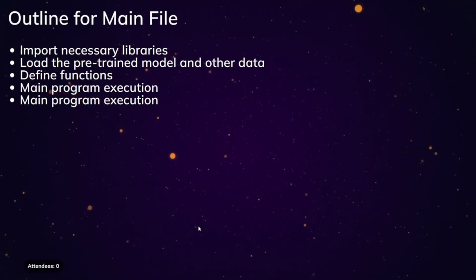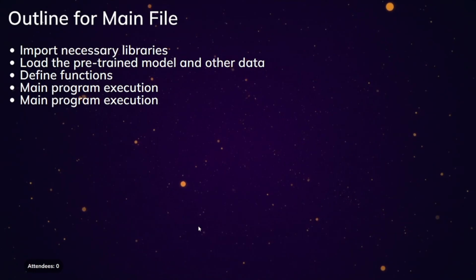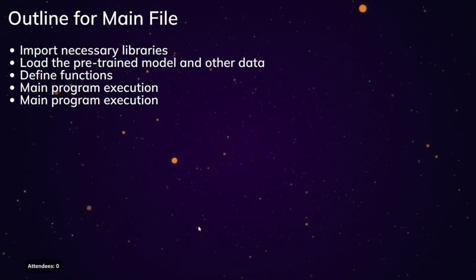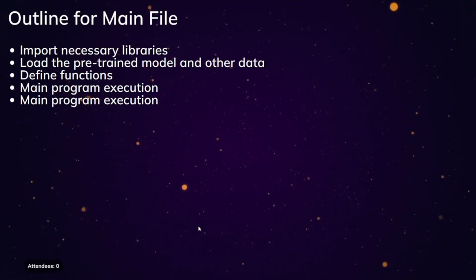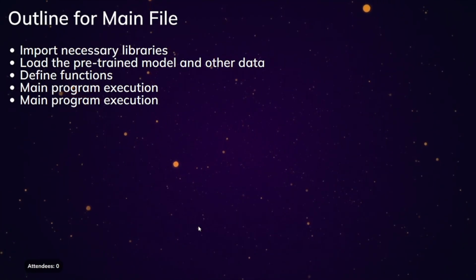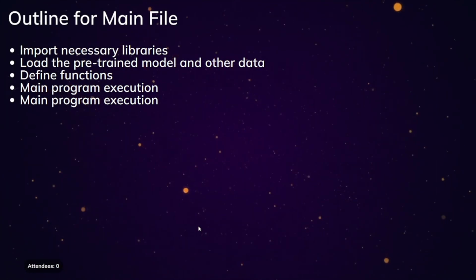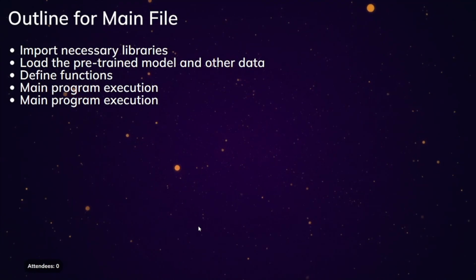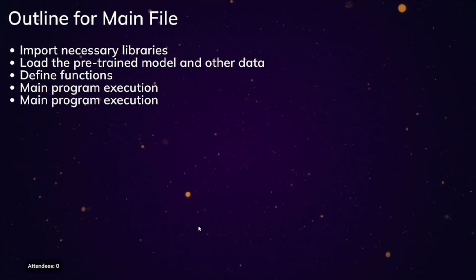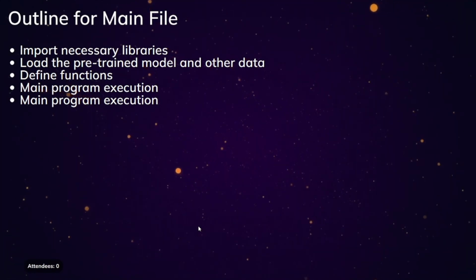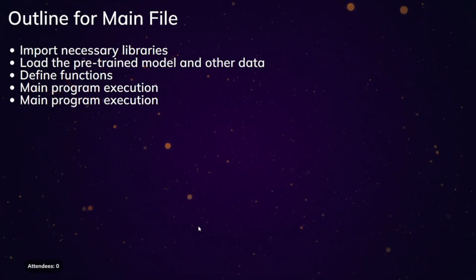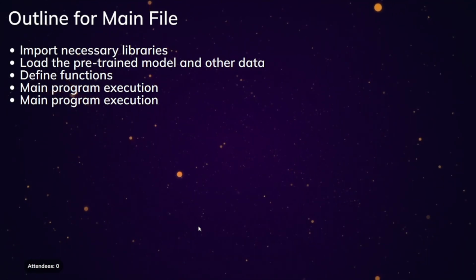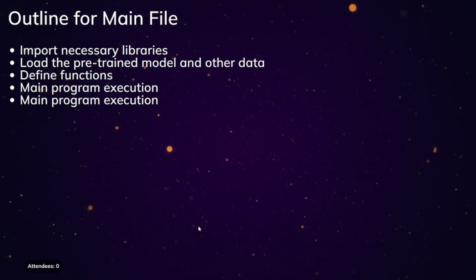Then we'll be loading our pre-trained model that we created in the training file, and after that we'll be defining our functions, and then we'll be defining some very important functions that are required for classifying the text and also predicting.